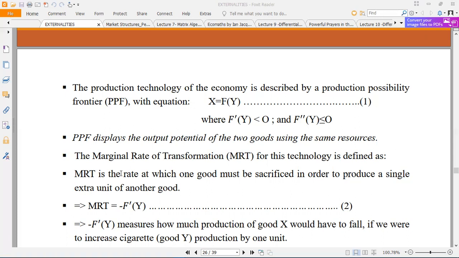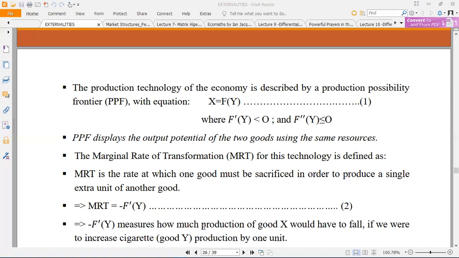So the first equation here is the PPF, x is equal to f of y. Please put it down somewhere because we'll be referring to the equations. And the second equation is the marginal rate of transformation is equal to minus f prime of y. So when you negate the first order derivative from the PPF, that gives you your marginal rate of transformation. And what does it measure?